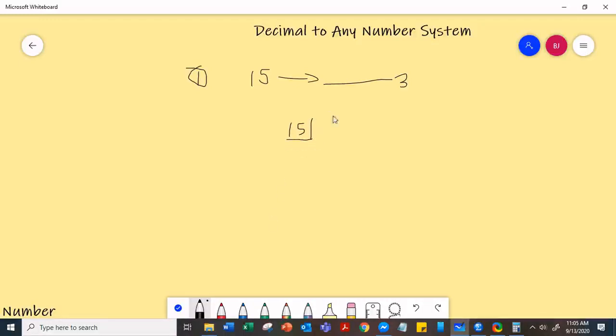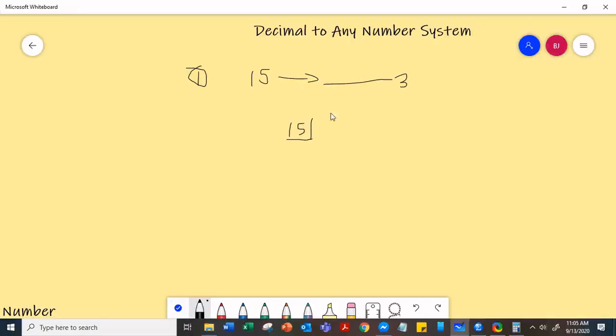Then we put the remainder here, and the quotient here. We stop when the last digit is lesser than the base. So if the last digit is 2, 1, or 0, then we stop. But it's actually really only 2 or 1. It won't be 0 actually. So 2 and 1 only.